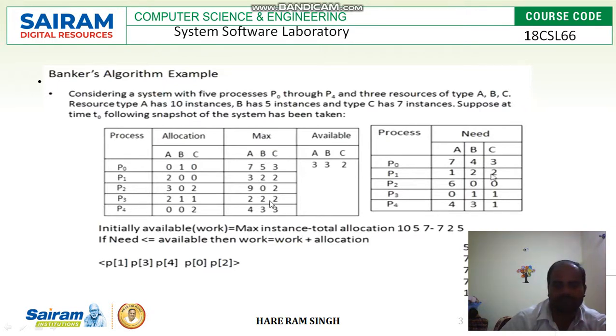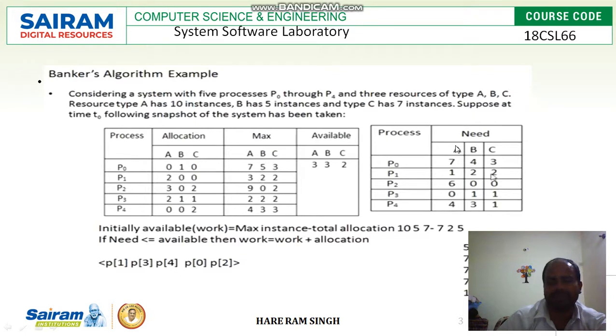Next, the maximum matrix. The maximum resources of A, B, C required by P0 is 753, by P1 is 322, then 902, 222 and 433. Now the available matrix.